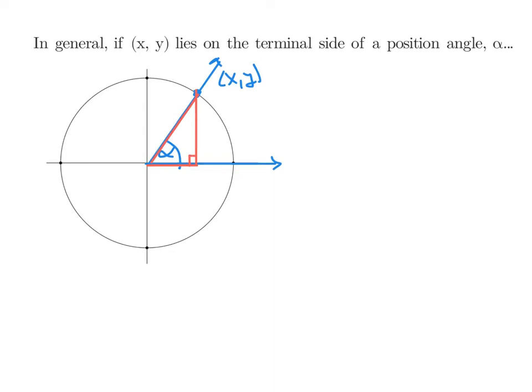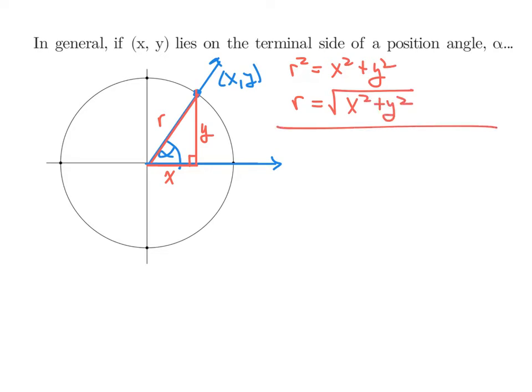The base of our right triangle is how far we went in the x direction. The height of our triangle is how far we went in the y direction, and the hypotenuse is the radius of our circle. So we can use Pythagorean theorem. r squared is x squared plus y squared. So r would be the square root of x squared plus y squared. And then we can easily identify all 6 of our trig values.